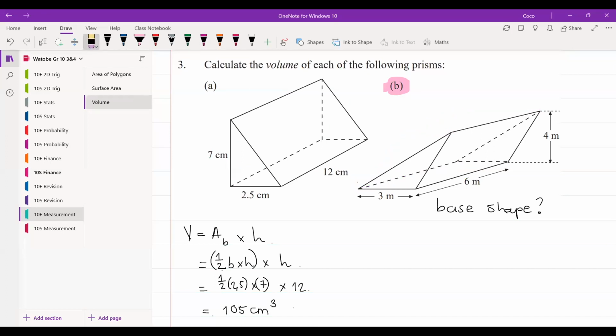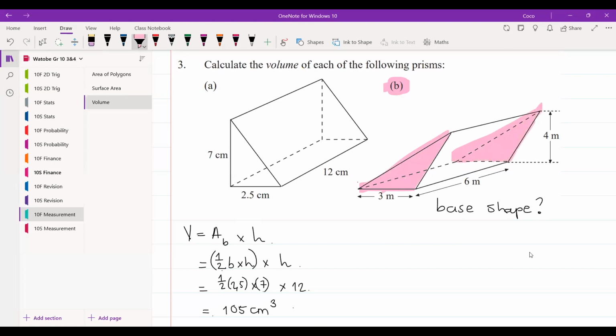Which shape has a shape at the bottom and at the top? The triangle. There's a triangle at the top and there's a triangle at the bottom.